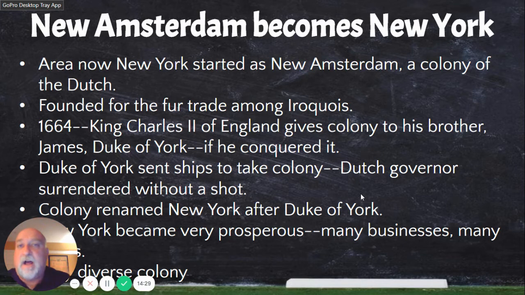It is an economic center with lots of different people who live there. And you flash forward to today, New York City is a very diverse city. You can hear hundreds of languages, and you are definitely in the heart of America's economic center, New York City.